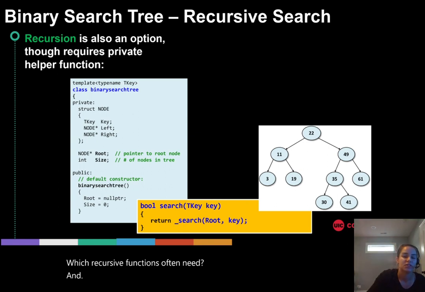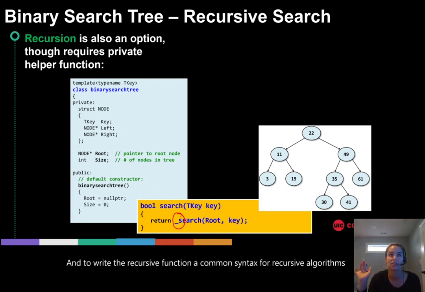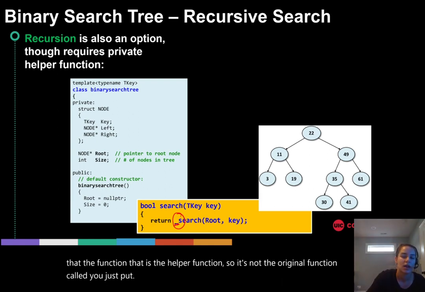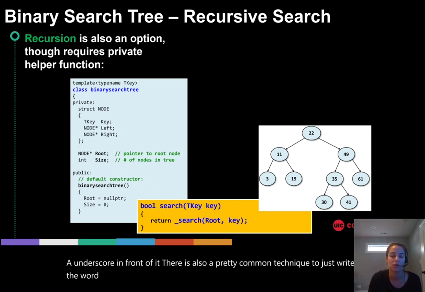To write the recursive function, a common syntax is that the helper function, so it's not the original function called, you just put an underscore in front of it. There is also a pretty common technique to just write the word helper, so use the same name but put search helper.